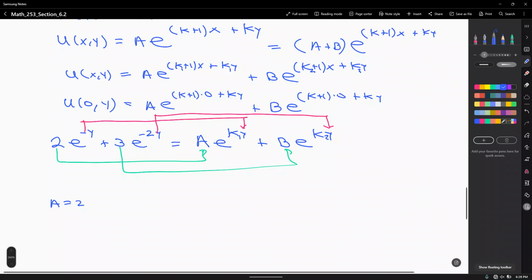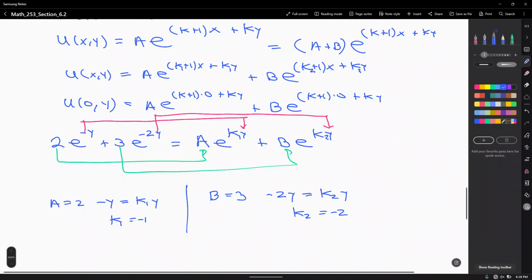So A equals 2 and negative y equals k1 y, so that means k1 equals negative 1. On the other hand, 3 equals B, B equals 3, and negative 2y equals k2 y. That means k2 equals negative 2. Isn't that the exact same result as before?